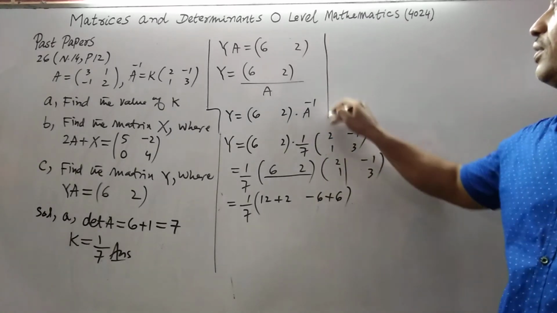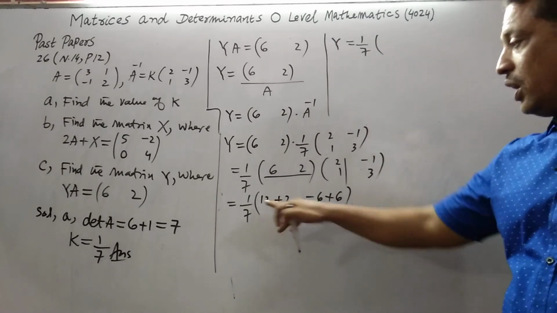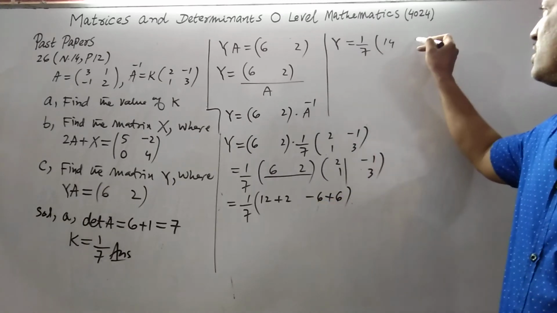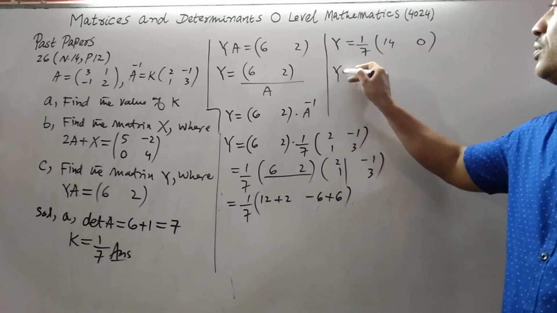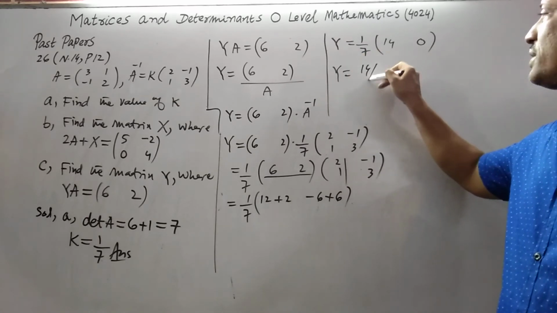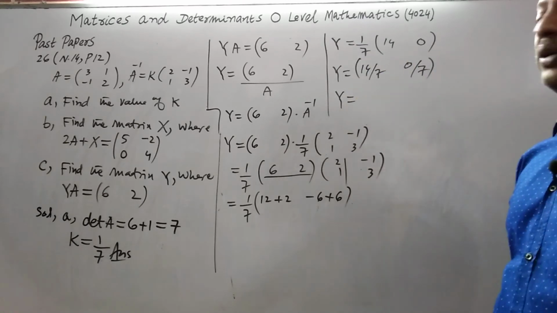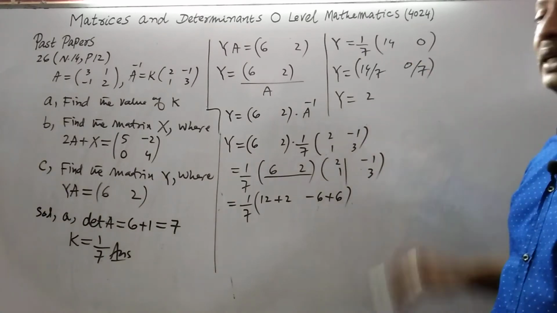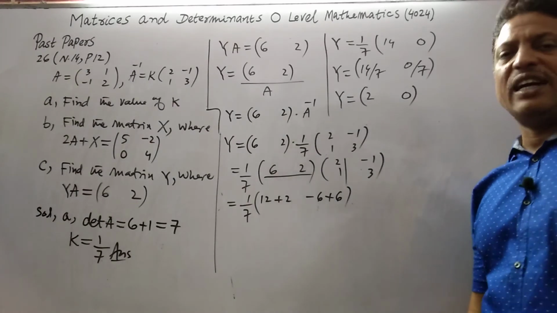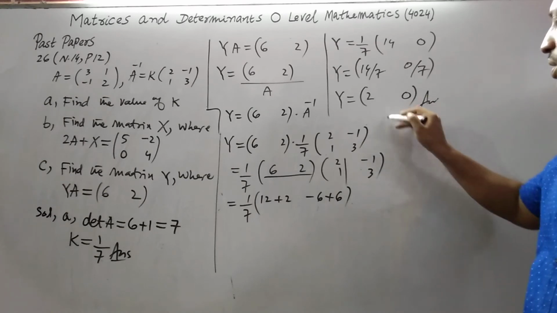Our final answer of Y is 1 over 7 times [14, 0]. And this 1 upon 7 multiplies both the elements. So 14 over 7 and 0 over 7. 14 over 7 is 2, and 0 over 7 is 0, since 0 divided by anything is always 0. So the answer of Y is [2, 0].